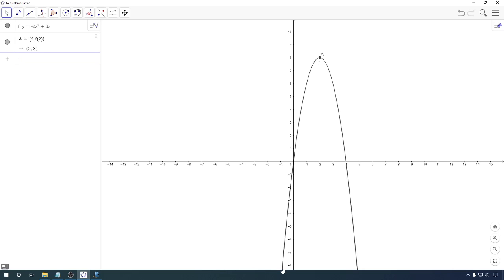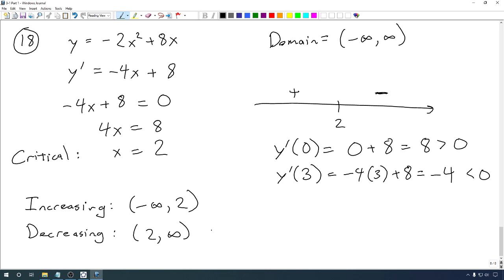And we can definitely see from negative infinity to 2, until we get to the x value of 2, we are increasing. It is going up. From 2 to infinity, we are decreasing. It's going down from that point forward. And that agrees with what we got from our calculations. It increases until we get to x equals 2, and it decreases from that point forward. That's what we're determining in these problems.